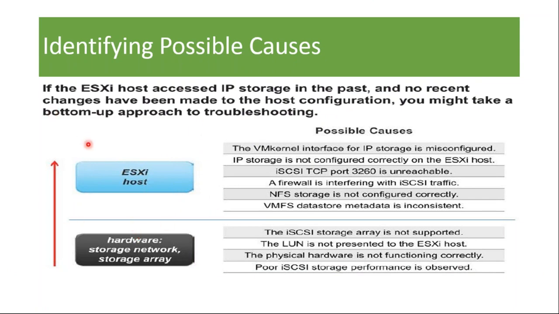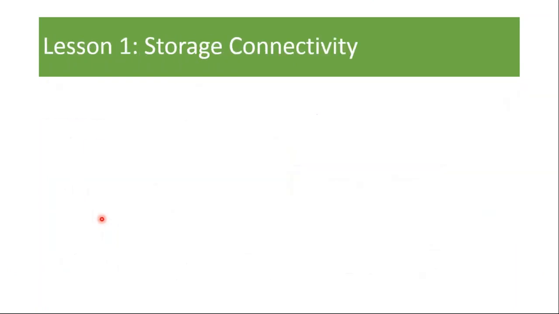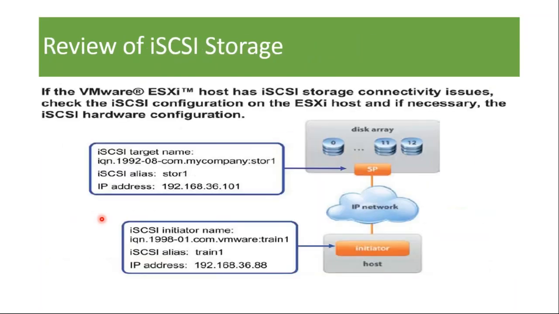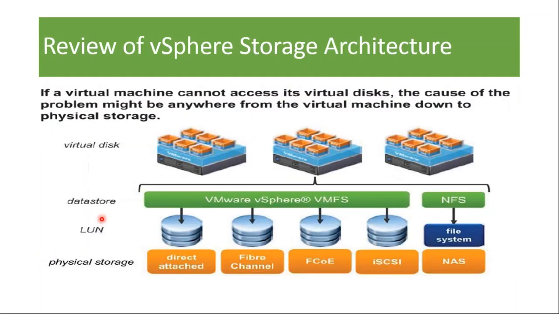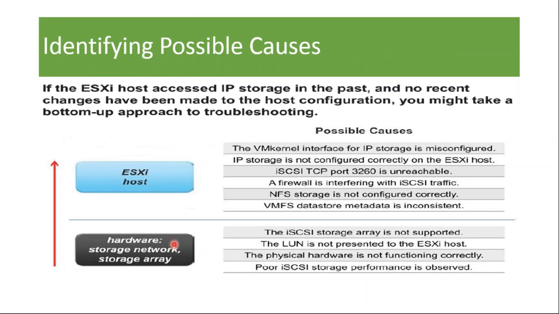Bottom to up, in the sense you have to approach from your physical storage, then LUNs on your storage box, then data store connectivity on your ESXi host layer, you have to validate. That is what this slide is explaining. Under the hardware layer, you have to validate the storage network and storage array.